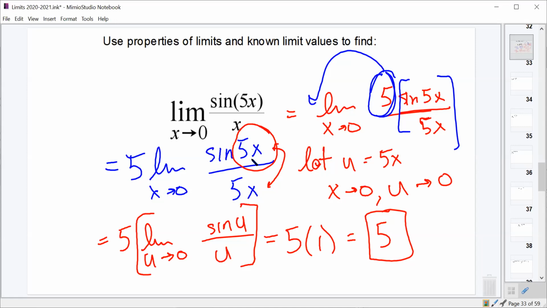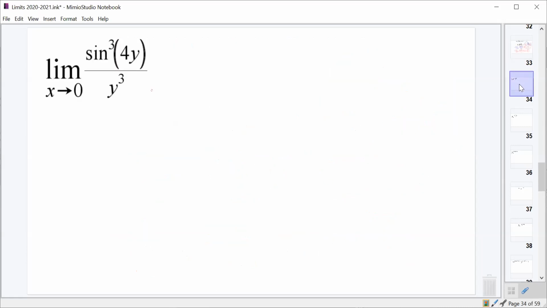Because I could do the u substitution with it, and it's always going to come out the same, where sine 5x squared over 5x squared, that limit as x approaches 0, is 1. Still going to happen. Doesn't matter if there's a square, or it's to the 12th power. Doesn't matter if there are 38s in front of it. Still going to come out to be a limit of 1. So you don't need to write out that substitution. We've proven that that works.